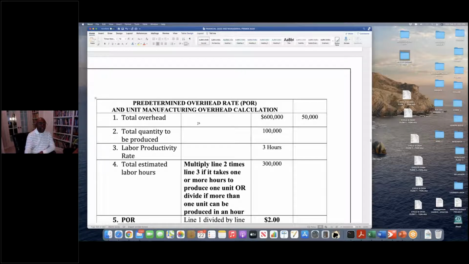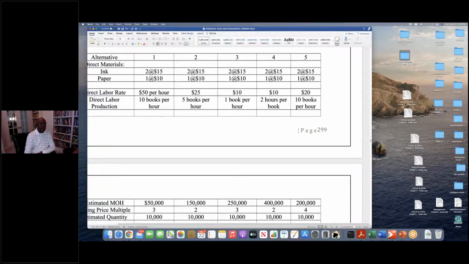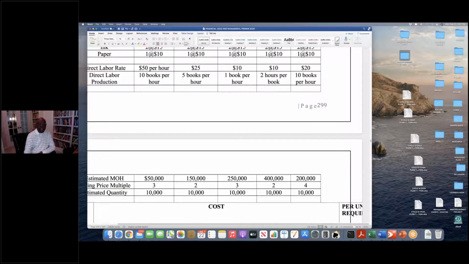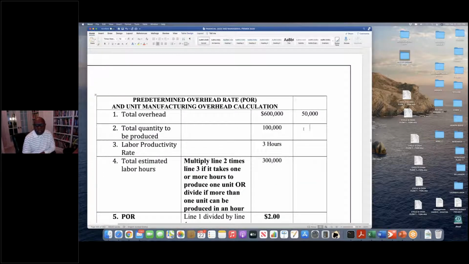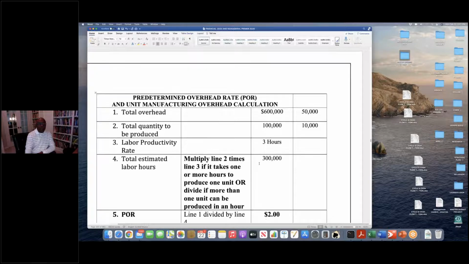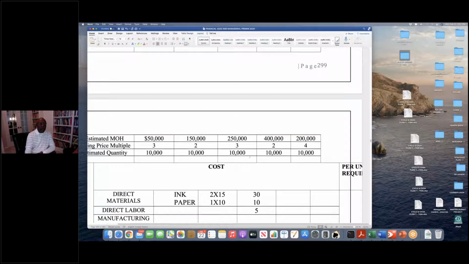How many would we be making? 10,000. So in each case it was 10,000, so we simply put 10,000 in here. How did we get 10,000? It's given: the quantity to be produced.